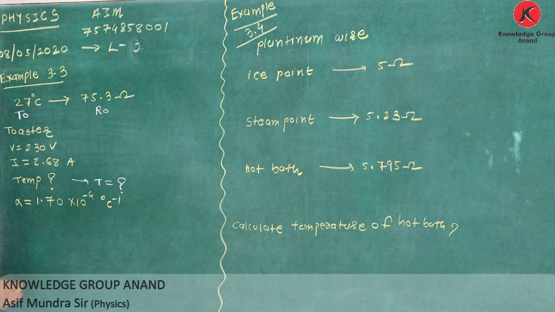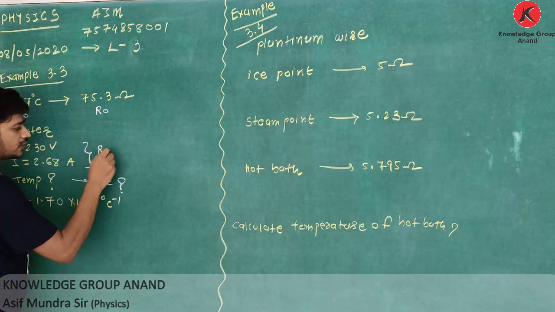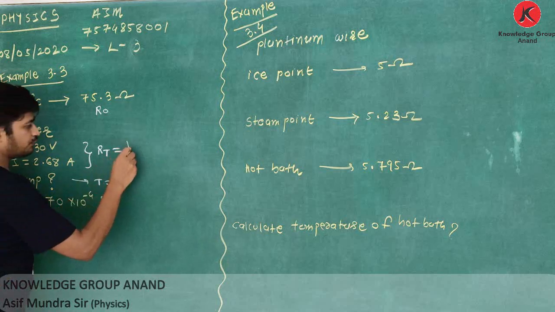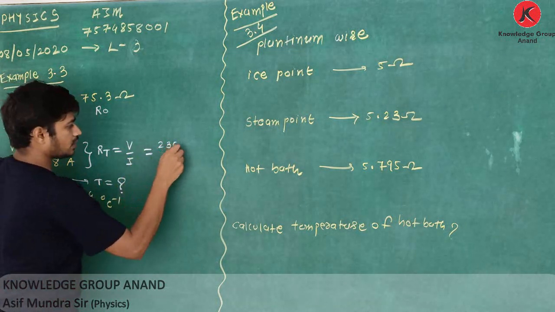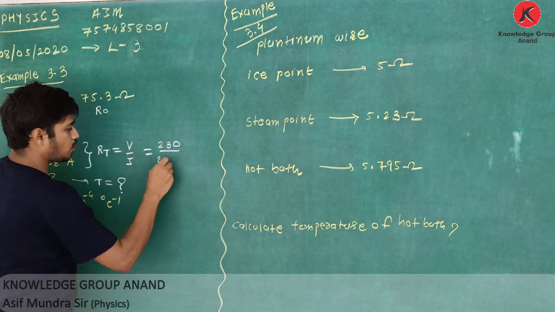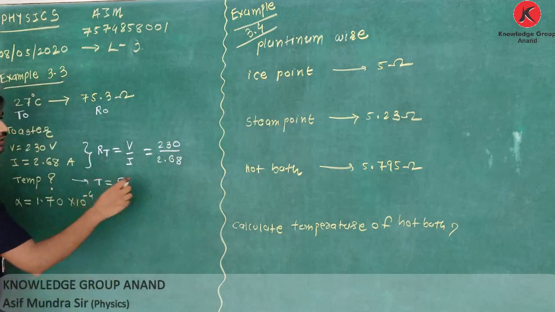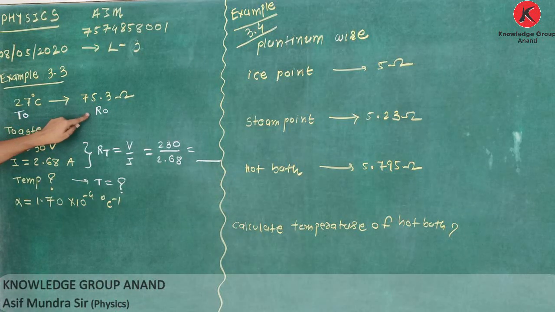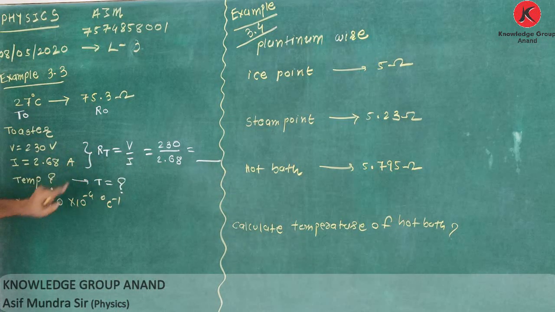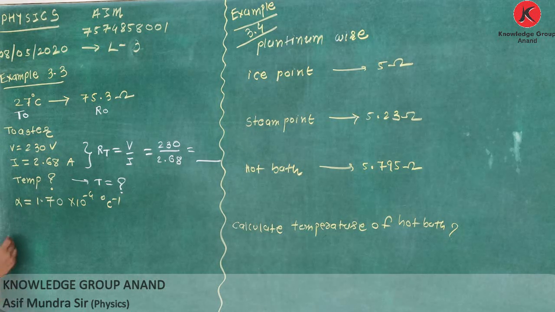And at this temperature, what is the resistance? You can find it from this. RT is equal to V upon I, means 230 divided by 2.68. So you will get the value of RT. Clear? Now you have R0, T0, RT, I is given, and T you have to find. So which equation do you have to use?